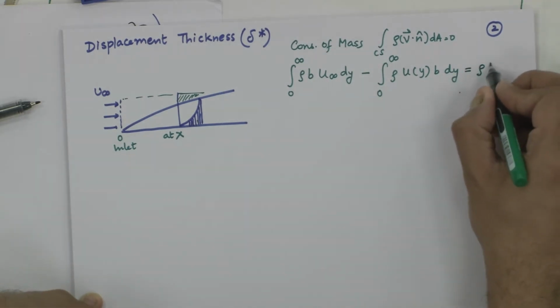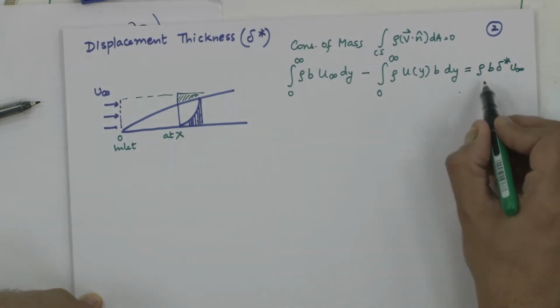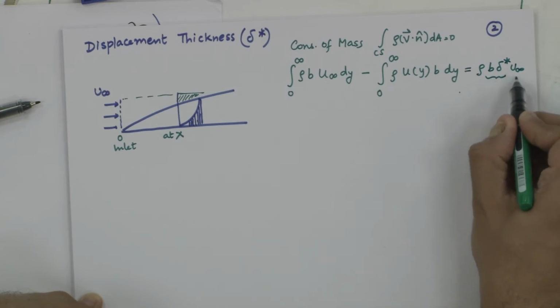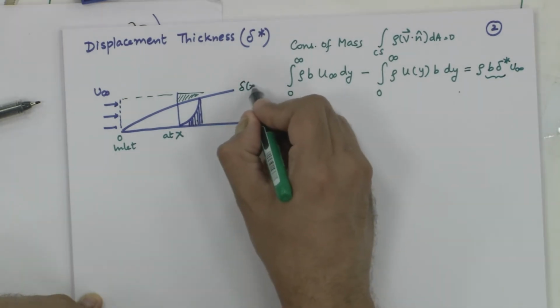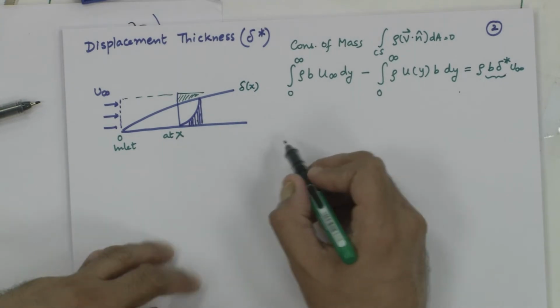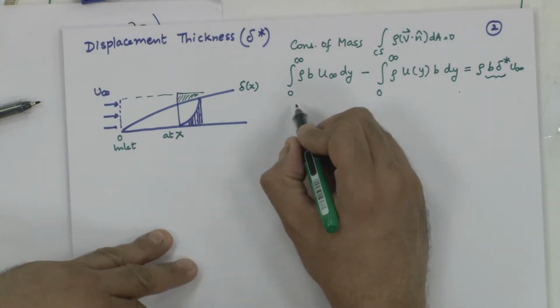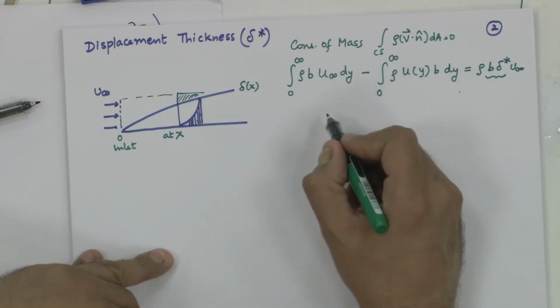That is basically given by b delta star rho u infinity, density into area into u infinity, because the velocity at a location beyond delta of x is nothing but u infinity. So, when I cancel for incompressible flow, rho gets cancelled, b also gets cancelled in this expression.